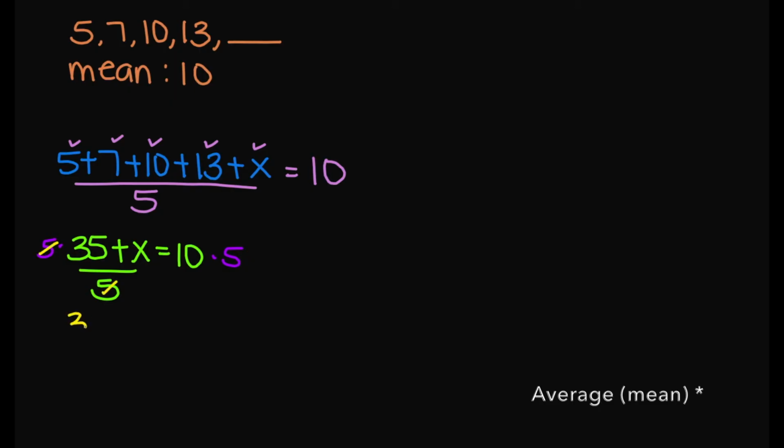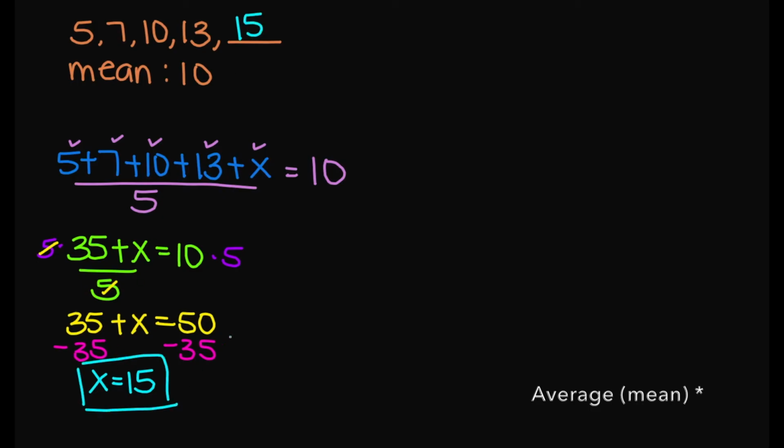So I'm going to be left with 35 plus x equals 50. Now we're going to subtract both sides by 35 so that we can solve for x. So you're going to get x equals 15. So your missing value here is going to be the number 15.